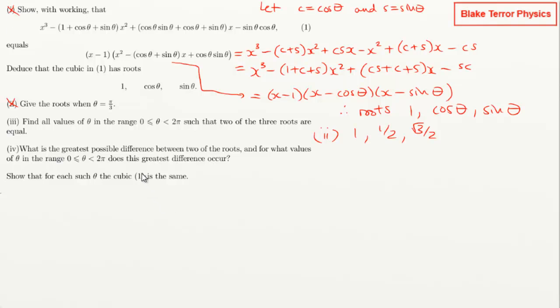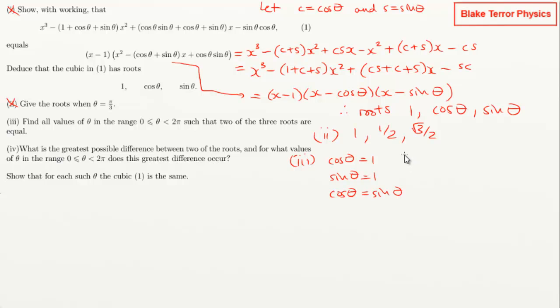So part 3, find all values of theta in the range 0, including 0, up to 2 pi, not including 2 pi, such that 2 of the 3 roots are equal. So if 2 of them are the same, we need cos theta equal to 1, sine theta equal to 1, or cos theta equal to sine theta. They're our permutations.